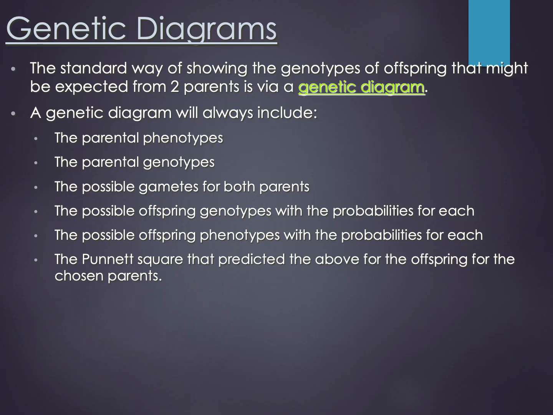Genetic diagrams will always include the parent phenotypes, that's the physical characteristics you can see, the parent genotypes, that's going to be the letters representing the alleles, the possible gametes for both parents, the possible offspring genotypes with the probabilities for each, the possible offspring phenotypes with the probabilities for each, and then a Punnett square is constructed to predict the above information for the offspring for the chosen parents.